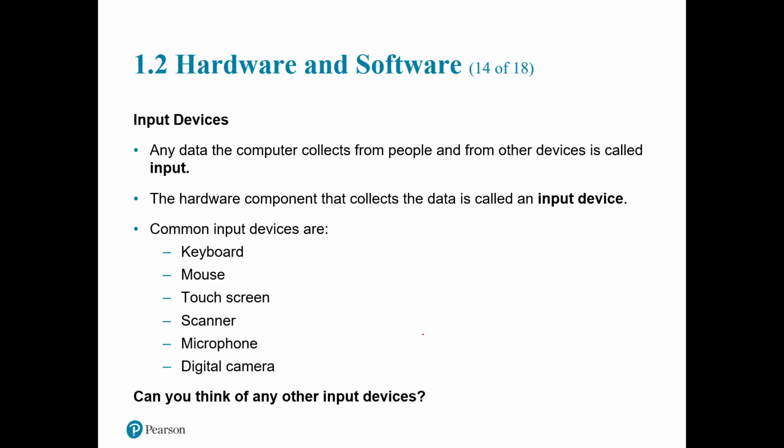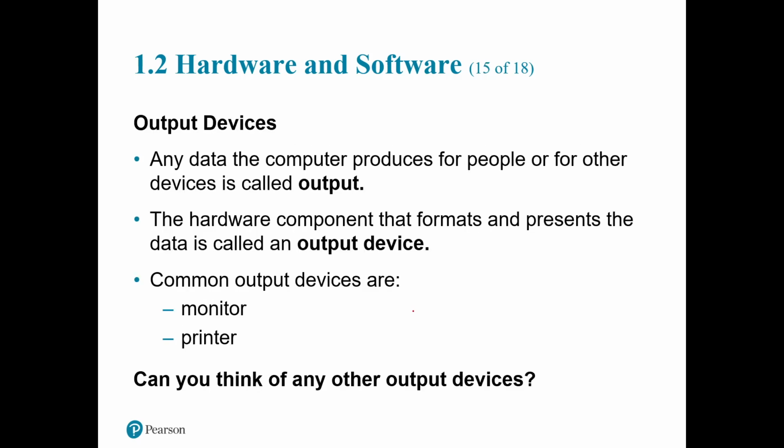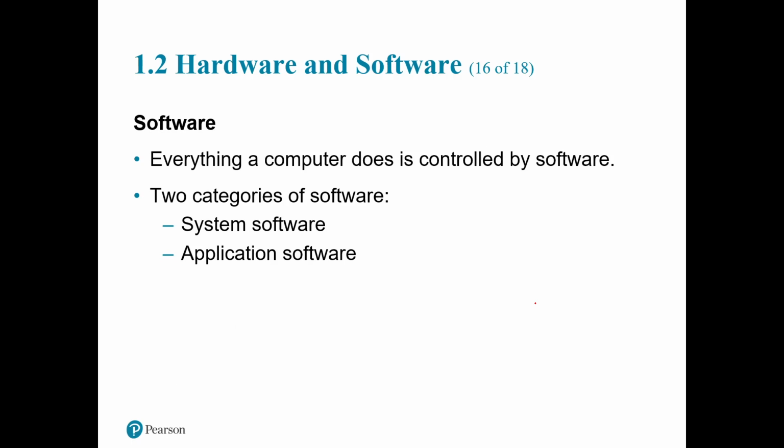Literally anything that can get information from you, from a person, inside the computer will be called an input device. Output devices are the opposite. Anything that the computer can give you is called an output device. So a monitor, a printer, a speaker, you name it.